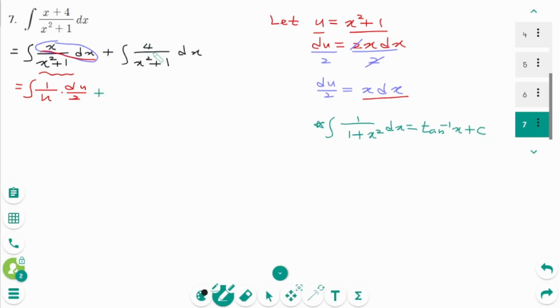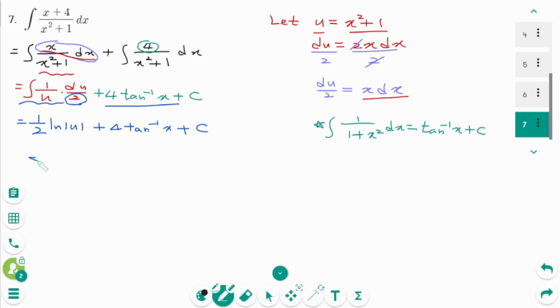So plus 4 arctangent x plus c. 1 over 2, the integral of 1 over u is ln absolute value of u plus, keeping the second one, 4 arctangent of x plus c, equals 1 over 2 ln absolute value of u, which was x squared plus 1, plus 4 arctangent of x plus c.